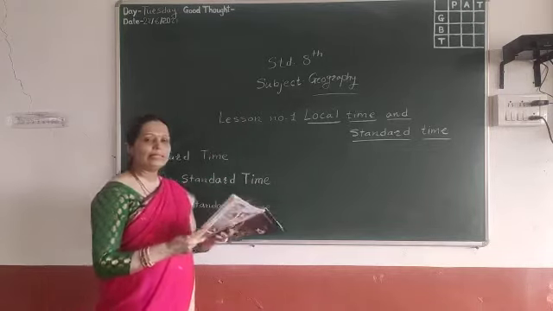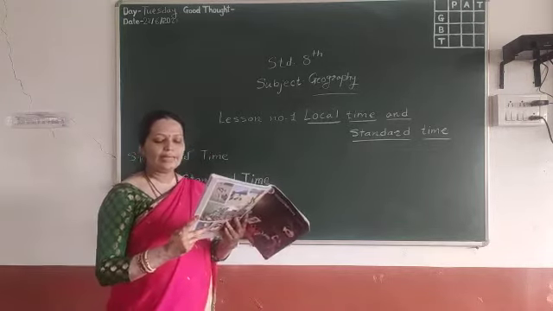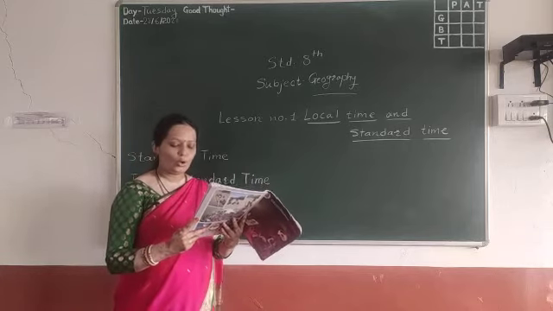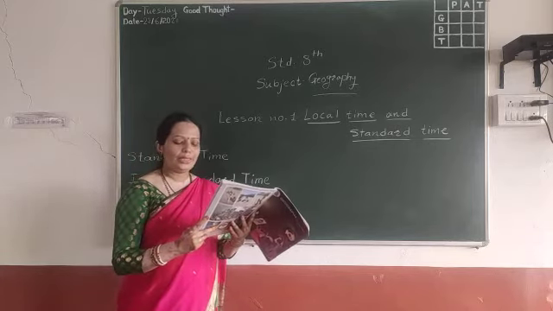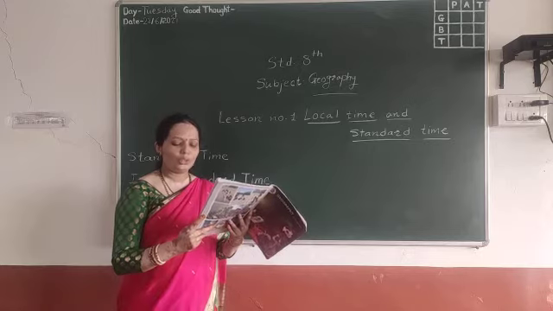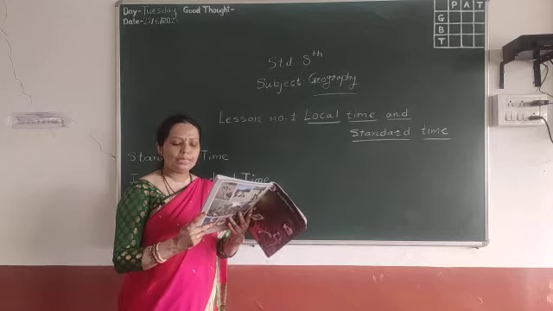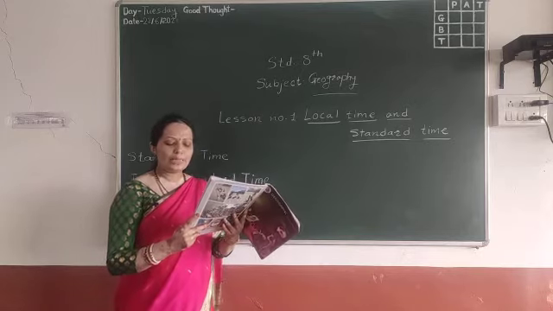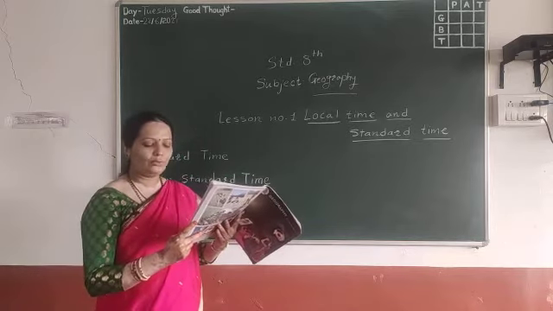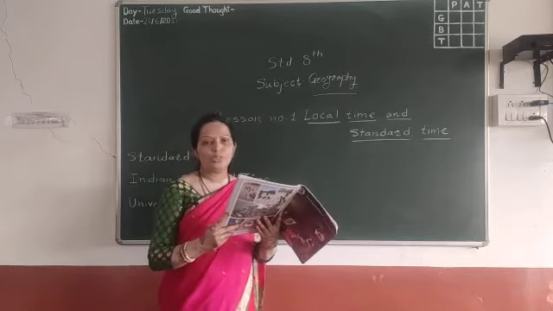What is Indian Standard Time? The Indian Standard Time has been decided according to the 82 degrees 30 minutes east longitude, which passes through Mirzapur. This longitude passes through the middle of the country with reference to its longitudinal extent.